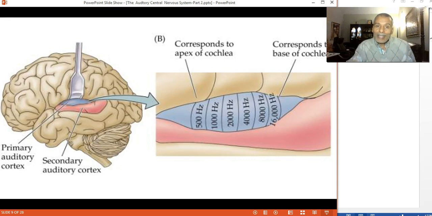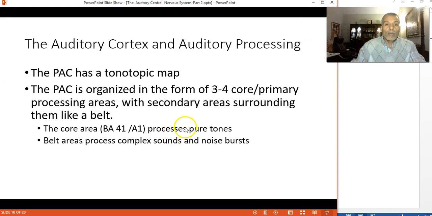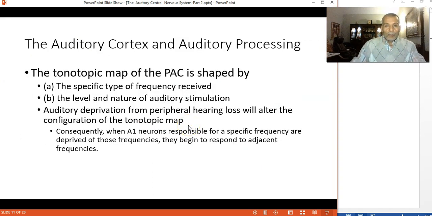So if someone doesn't have the correct mapping and layout of this tonotopic map, they will not be able to process sounds and noise. And mostly, even if there's no noise, they will have difficulty processing sounds.